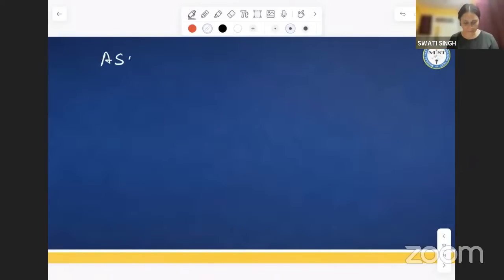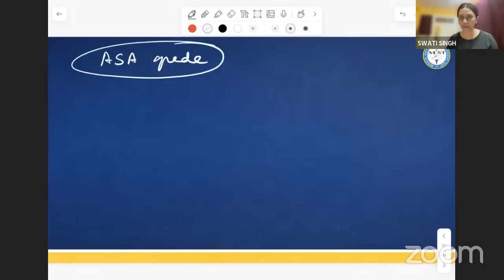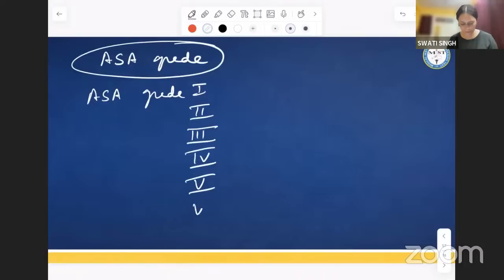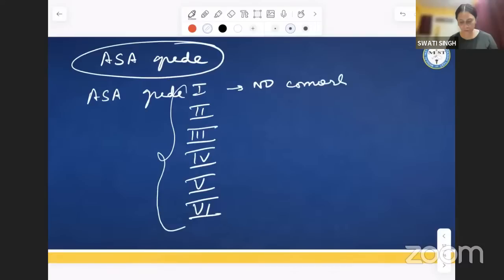ASA grade tells us about the risk associated with surgery. We have 6 ASA grades: 1, 2, 3, 4, 5, and 6. Now, ASA grade 1, no comorbidity. Patient doesn't have any comorbidity.